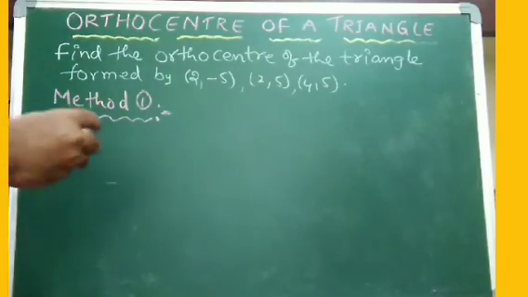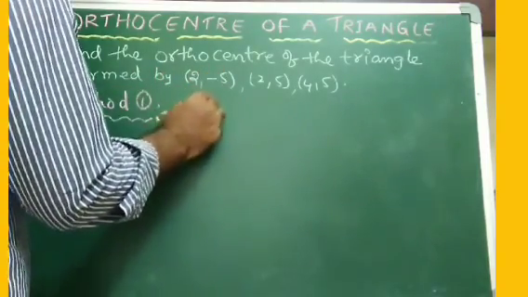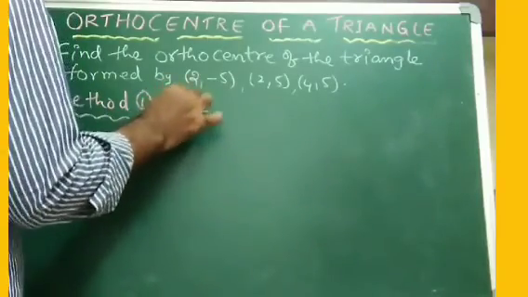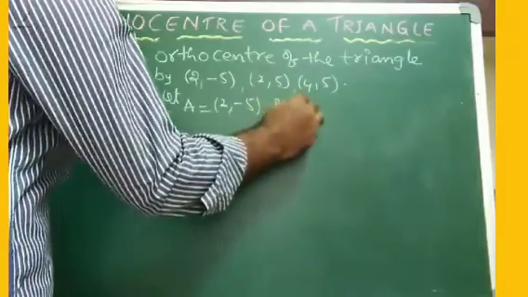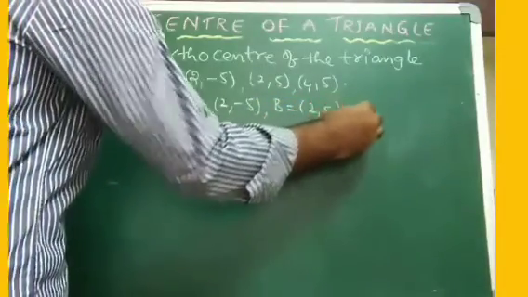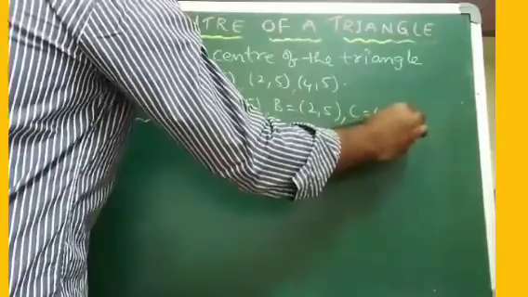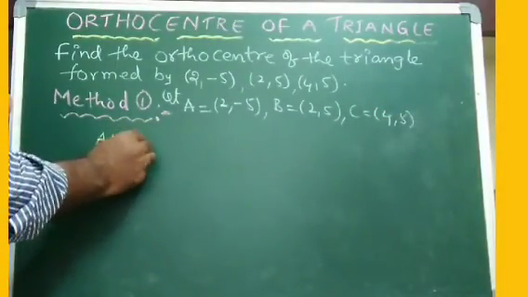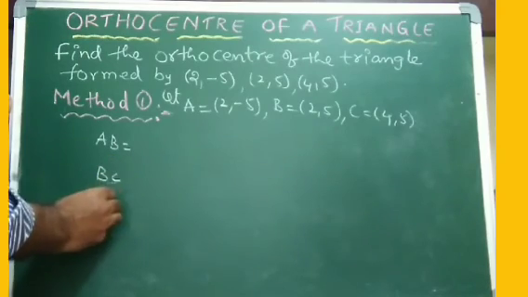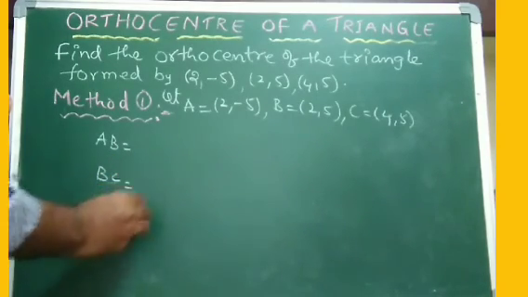First of all, given the vertices, assume A = (2, -5), B = (2, 5), and C = (4, 5). Please find the sides AB, BC and CA.